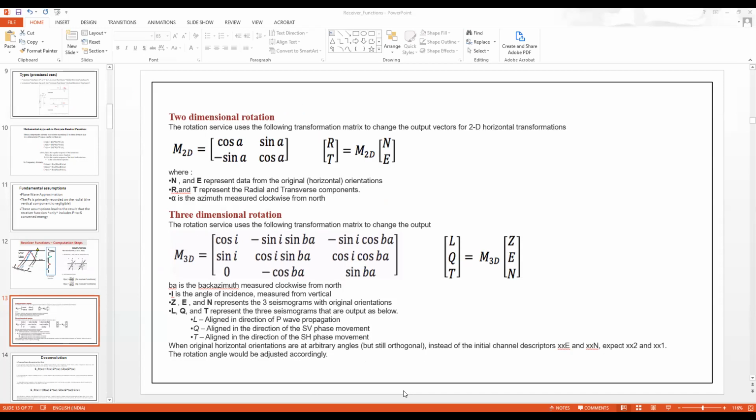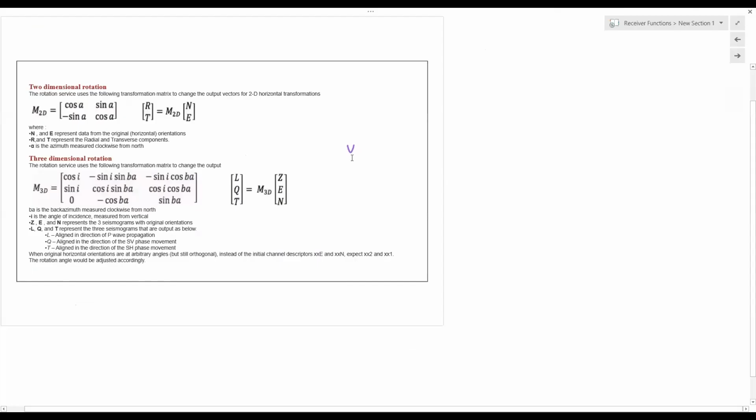So my screen is visible? Yes, sir. So now I have changed to OneNote. Is it visible? My OneNote is visible to you? No, sir. Slides only visible. Okay. Now it should be visible to you.